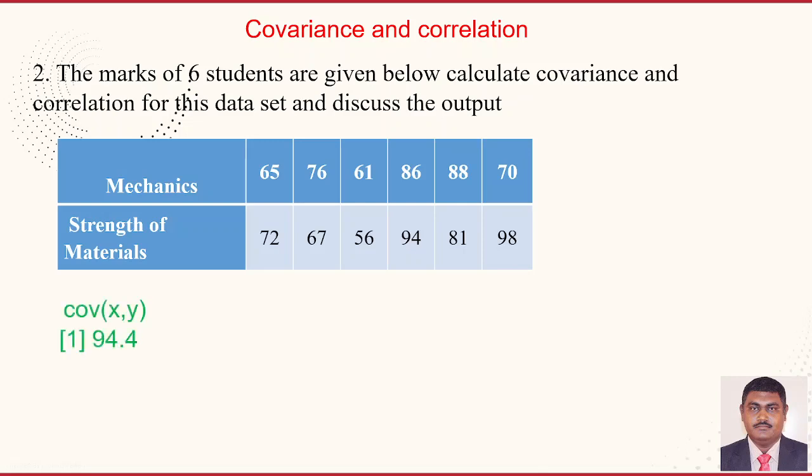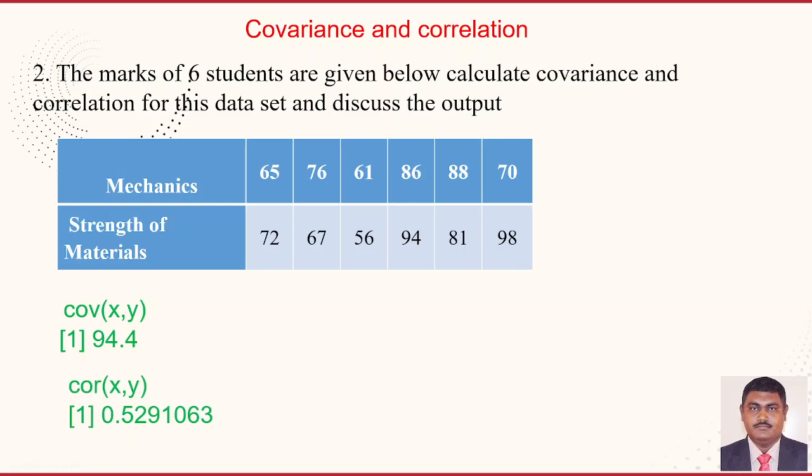Similar to the earlier programming, we just have to enter the variables. First we give the variables x and y, where the x values are 65, 76, 61, 86, 88, 70, and the y values are 72, 67, 56, 94, 81, 98. Then we enter cov(x, y), and it gives 94.4.